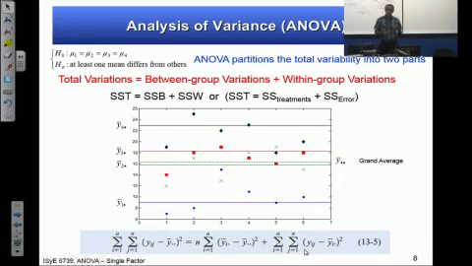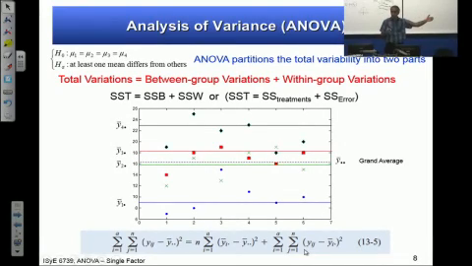So if H null is true, all mu's are the same. So the variation caused by between population is going to be very small. In reality, it should be 0, but we have some random sampling. That's why we don't get 0. So this part should be small, and total variation should be very close to within variation.